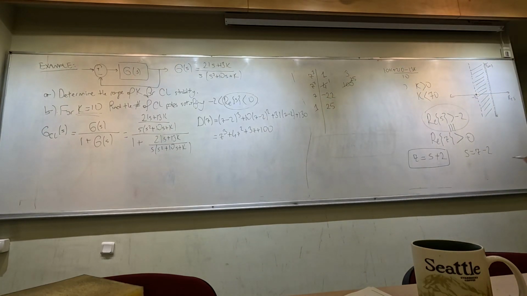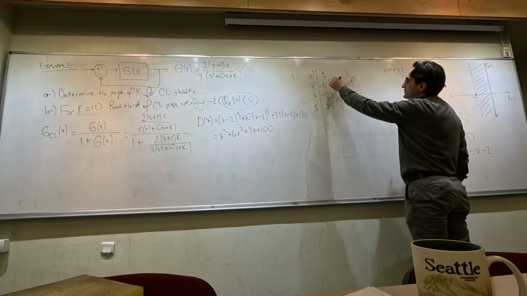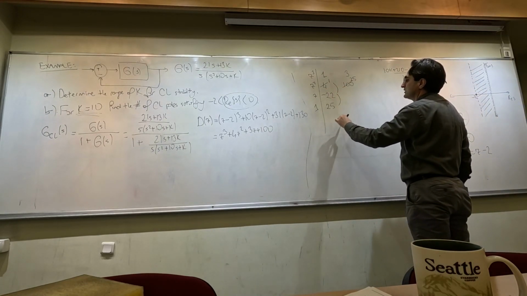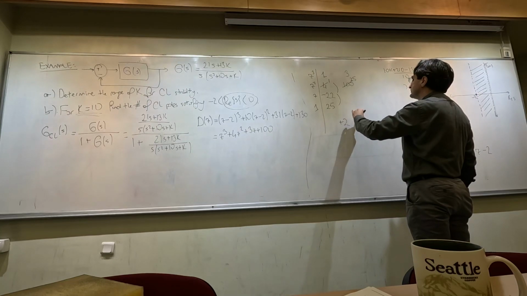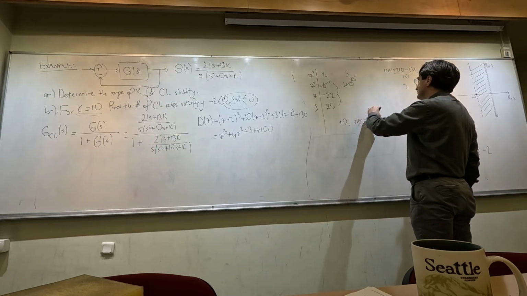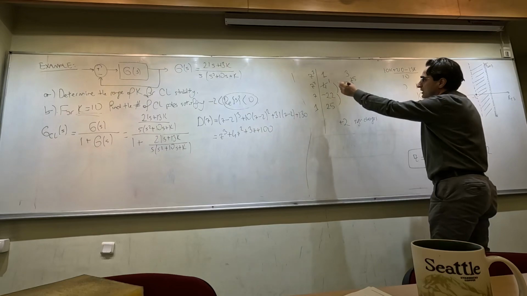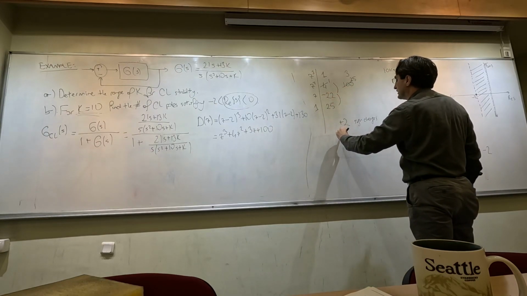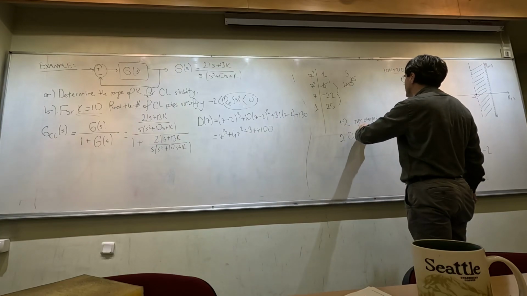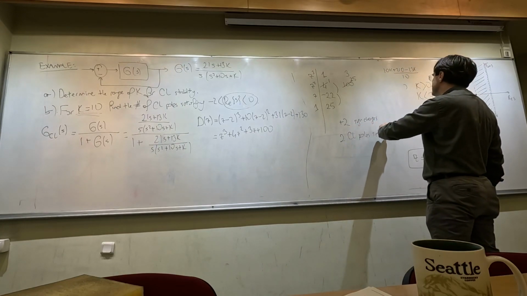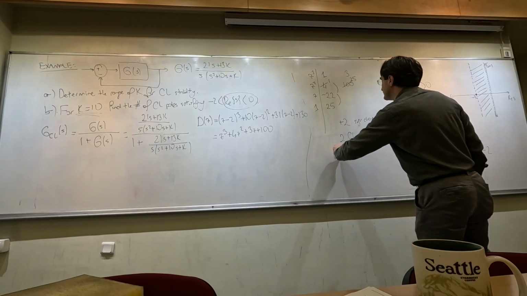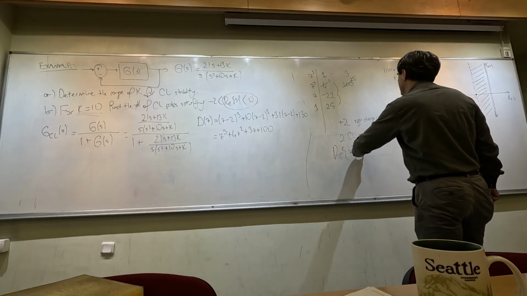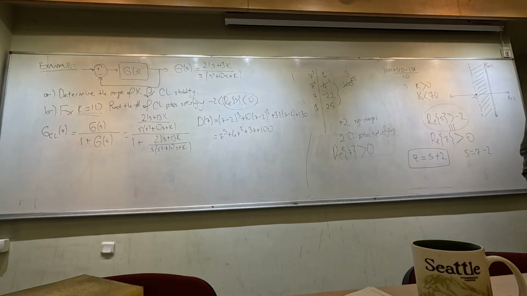And when I now count the number of sign changes here, I see that there are 2 sign changes, and I see that in this case that means that 2 closed loop poles satisfying real of z larger than 0. Okay? 2 closed loop poles satisfying this inequality.